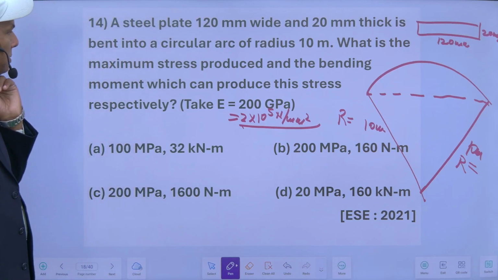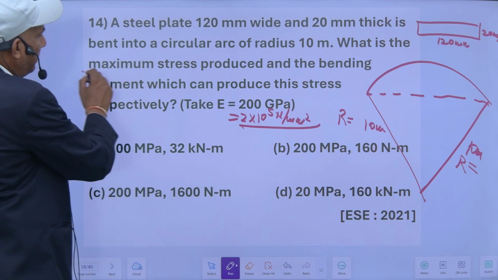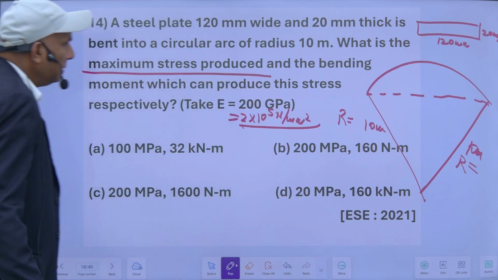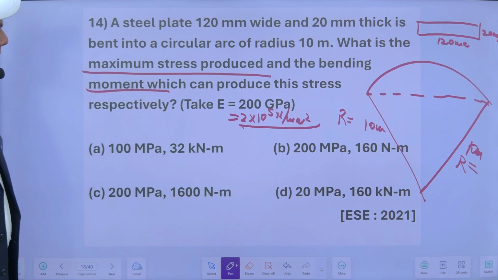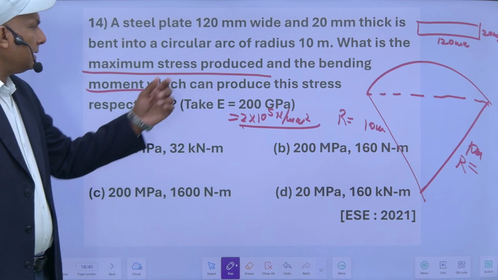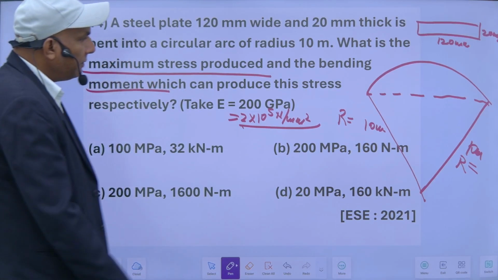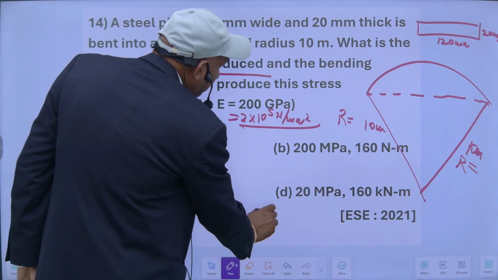So I have to know the maximum stress produced and the bending moment which can produce this stress. First F is required. Bending stress F is equal to how much?